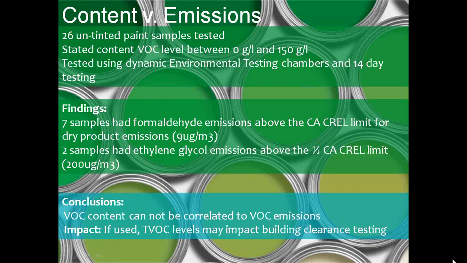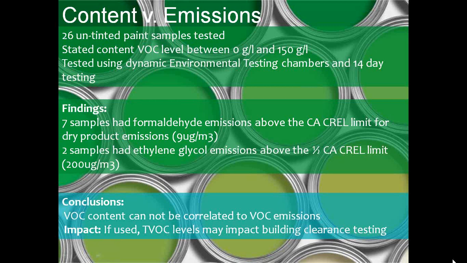So we took 26 paint samples from all the major paint manufacturers that had a low VOC stated content on their label, and we tested them using the environmental testing chambers, which is what the EPA and other testing agencies use. And what we found is that 9 of those 26 samples failed to meet the emissions requirements.